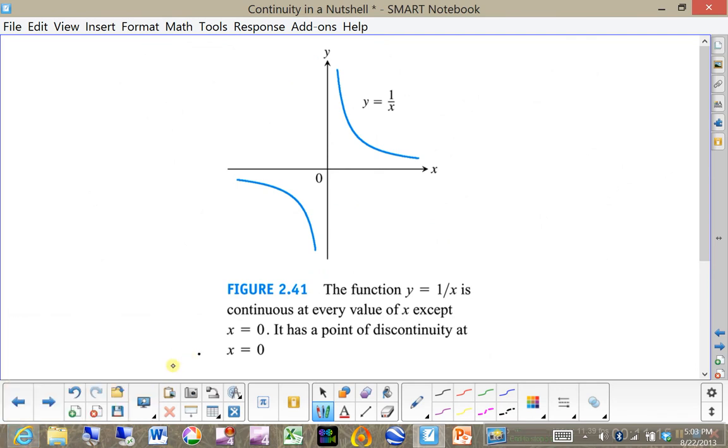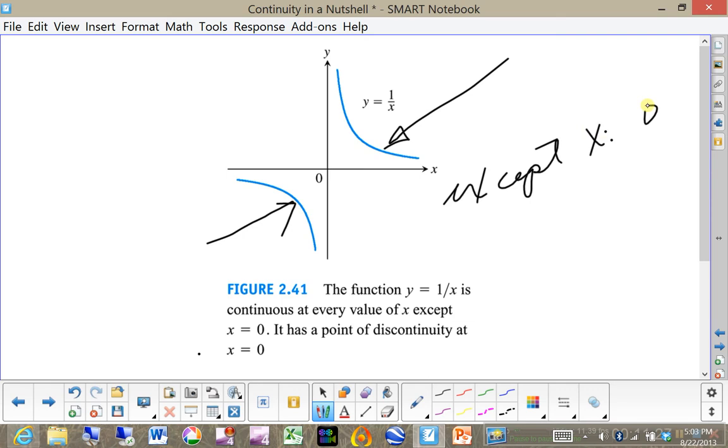Another function that we've looked at, the reciprocal function y equal 1 over x, is continuous everywhere except x equals 0, where it has a vertical asymptote.